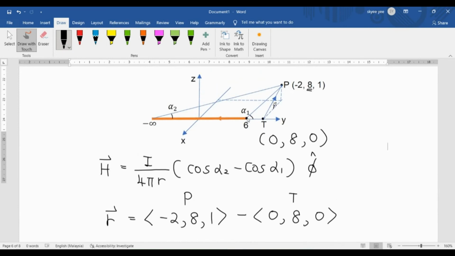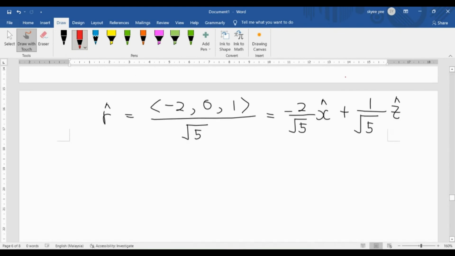So alpha 1 is over here. If you look at this triangle, connect this point, and connect this point, you have a triangle. Can you see this triangle? This is 90 degrees. So we're going to draw this thing out.